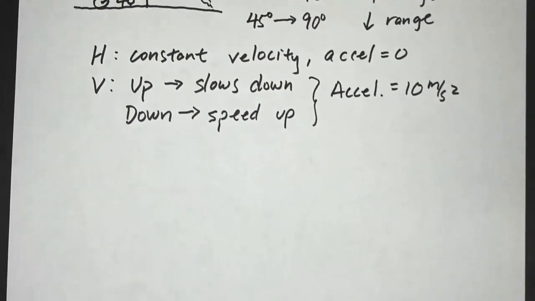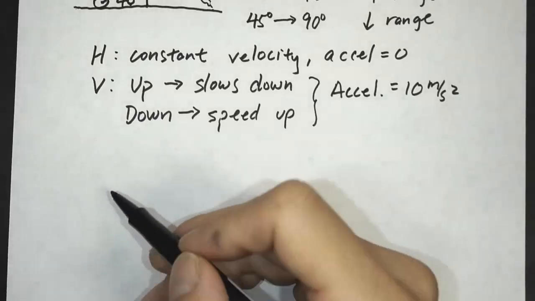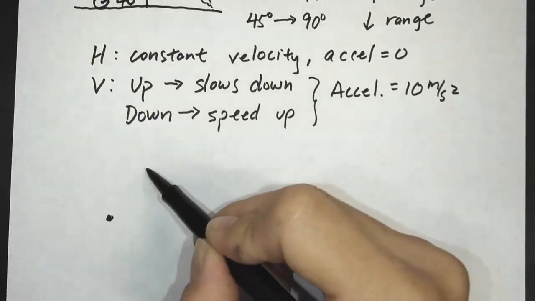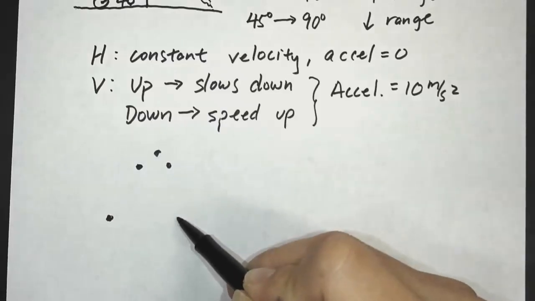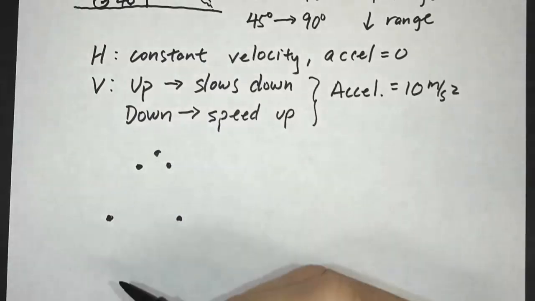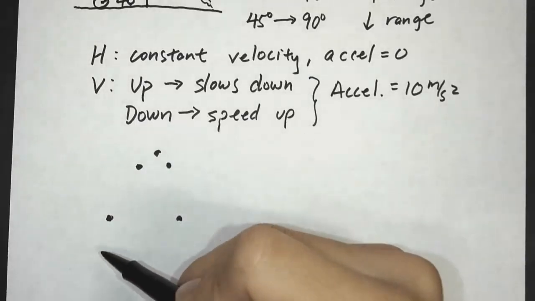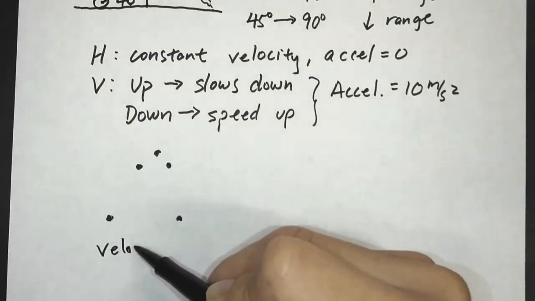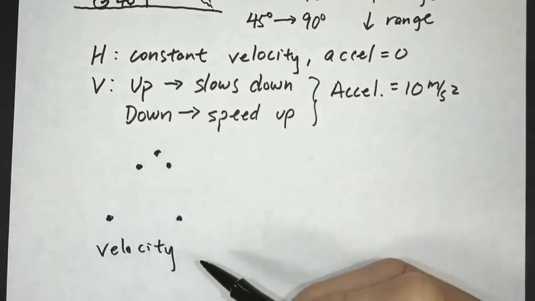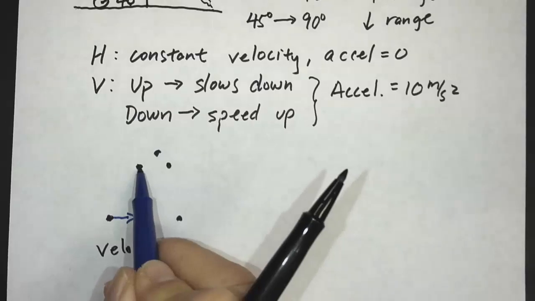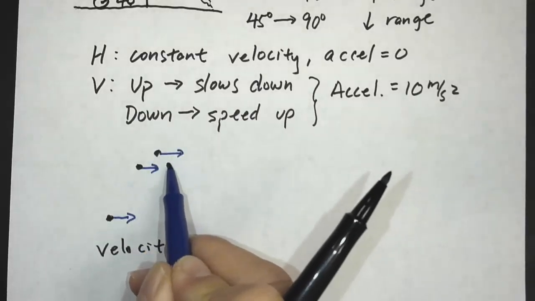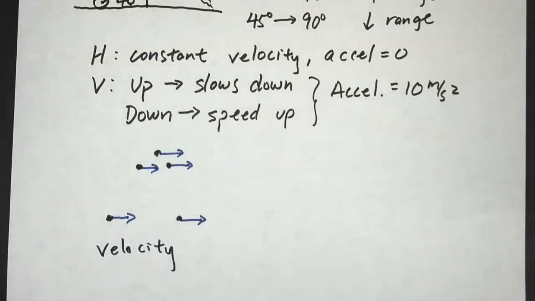So let's see if we can illustrate this using a motion map. A motion map is just a dot diagram. We're going to do these at 1 second intervals, and we're going to start with the velocity motion map. We know that horizontally, it has a constant velocity, so notice the arrows are the same length.